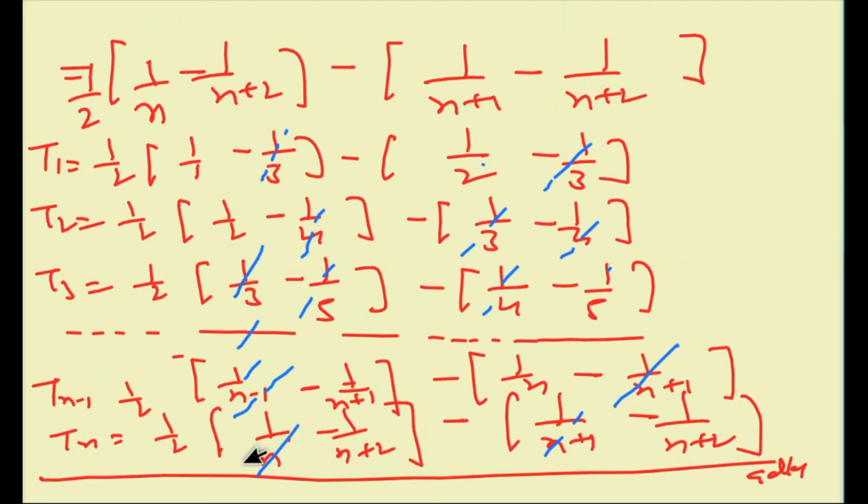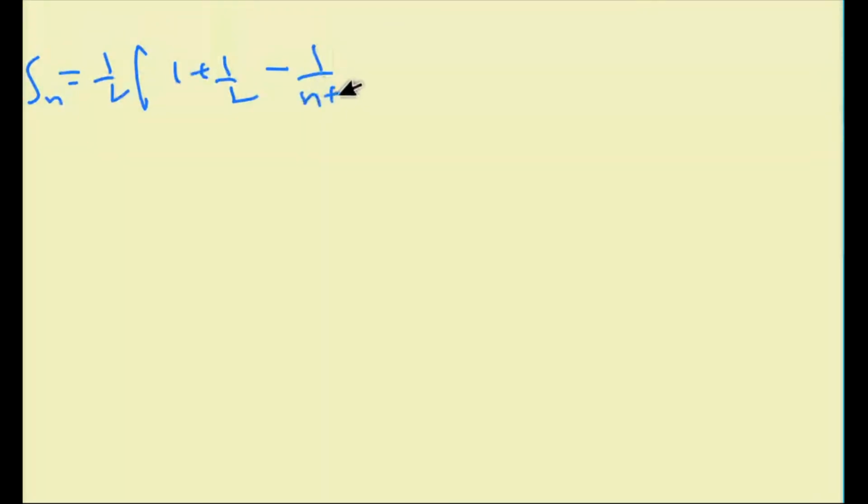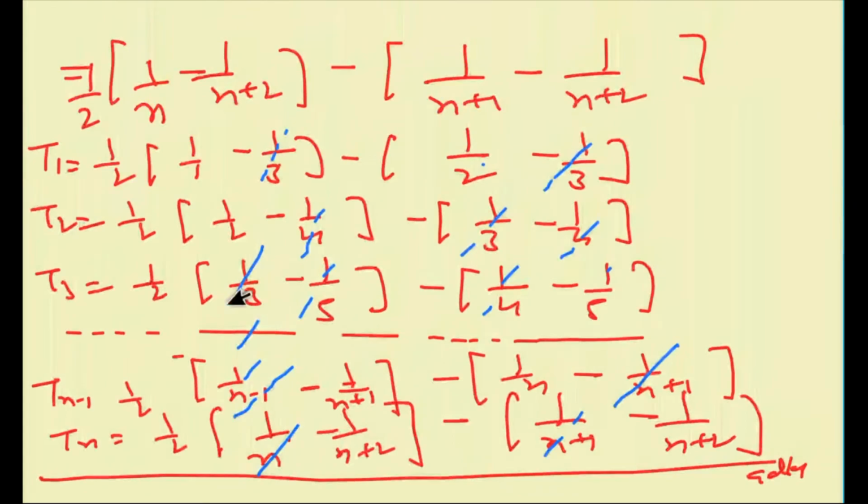So what we get, the total Sn is 1 by 2 taking common, 1 plus half minus these 2 terms. Okay, so we can write here Sn equal to 1 plus half minus 1 upon n plus 1 minus 1 upon n plus 2.